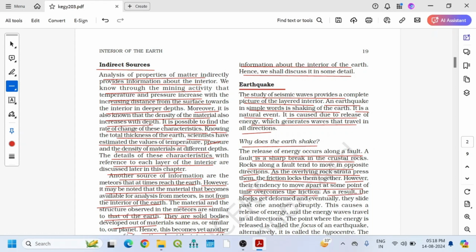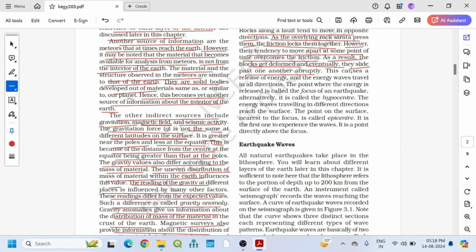As a result, the blocks get deformed and eventually they slide past one another abruptly. This causes a release of energy, and the energy waves travel in all directions.